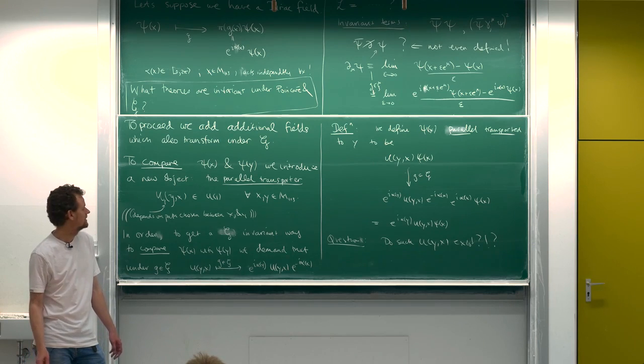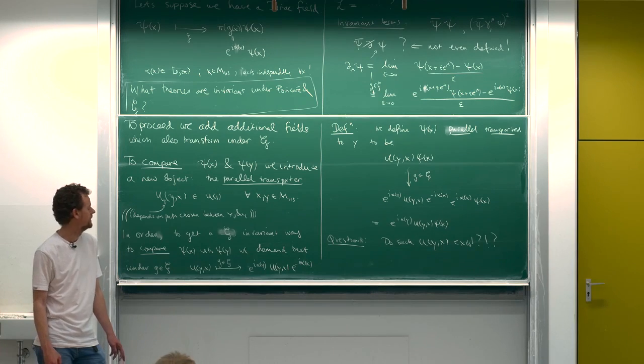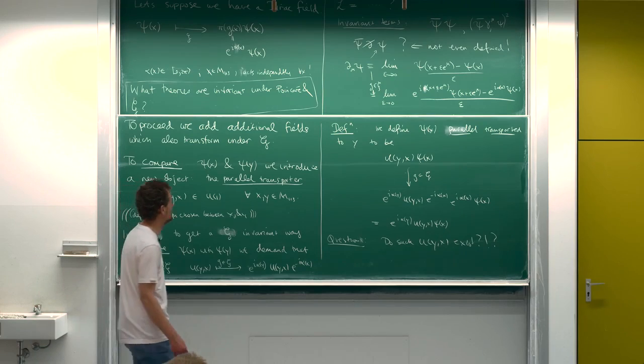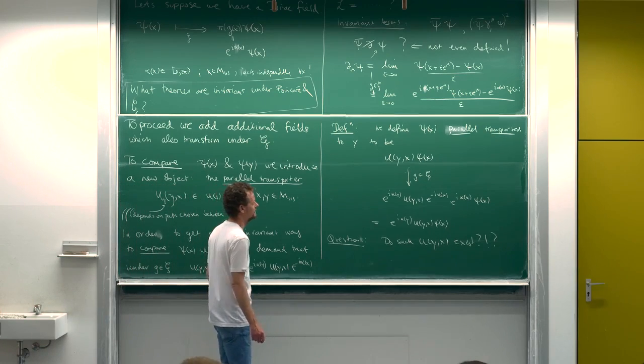Well, these things do exist, and in the process of explaining how to define the derivative, we'll actually find a way to build such comparators or parallel transporters. So yes, they do exist, but you'll have to wait.